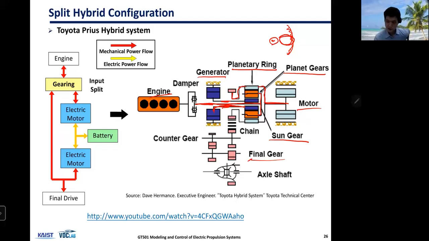You can connect these four components with three shafts if you're using one PG: sun gear, ring gear, and carrier. Depending on how you connect them, you can generate different combinations.